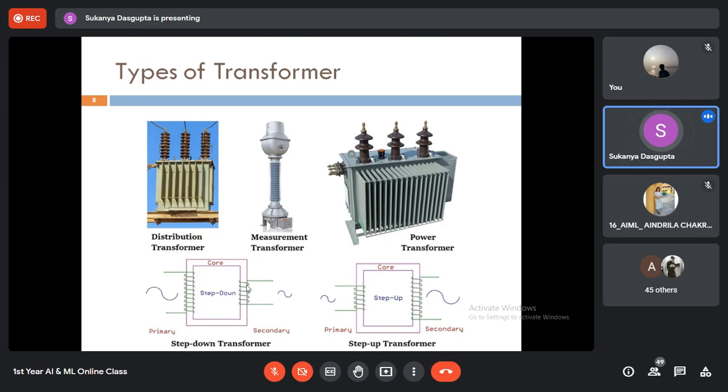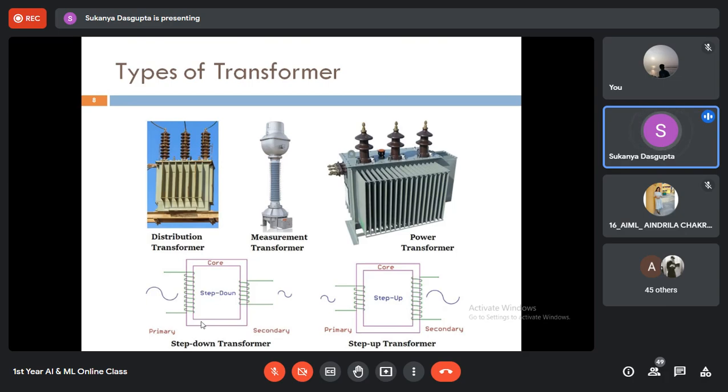Whereas in the case of a step up transformer, the secondary side voltage is stepped up compared to the primary side voltage, and the number of turns is higher at the secondary side compared to the primary side.